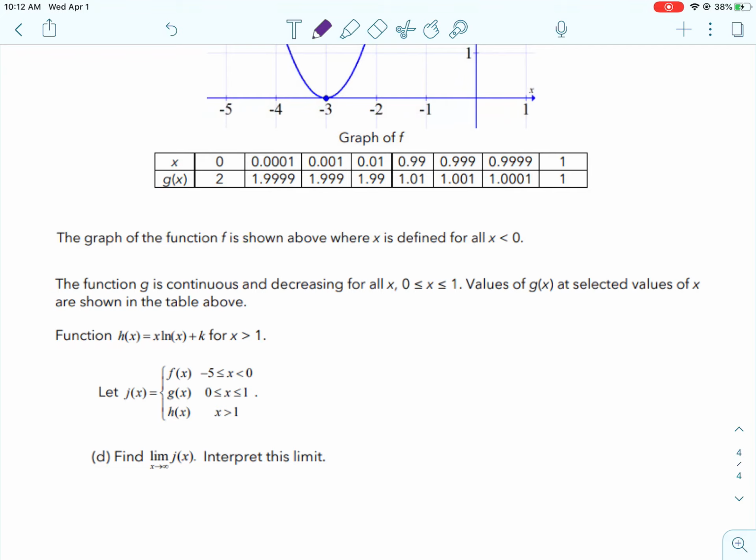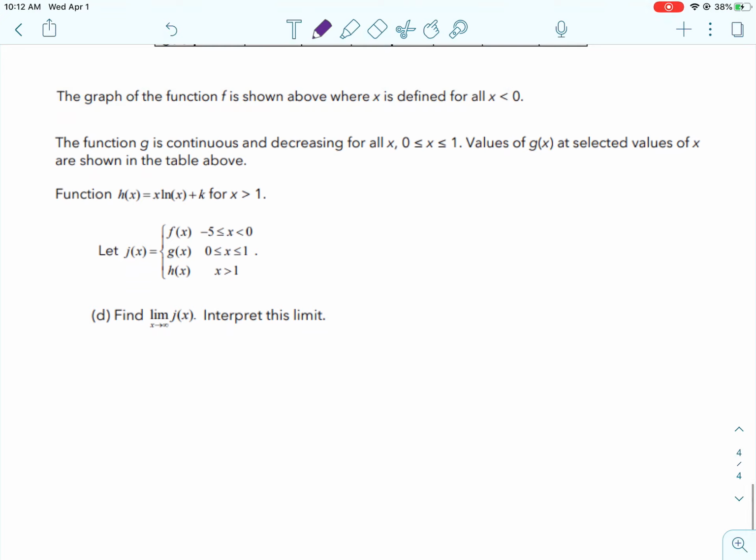All right, now the last one for this problem is D, and we're going to find the limit as x approaches infinity of j of x. All right, so we're going to look at all the x's larger than 1 where the function is approaching infinity. So we're going to look at h.